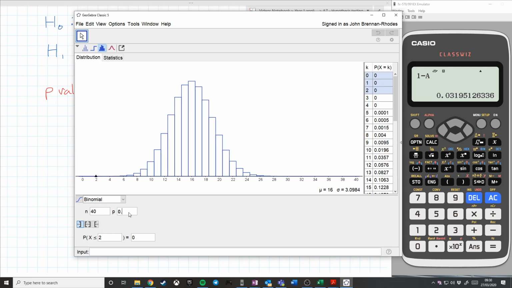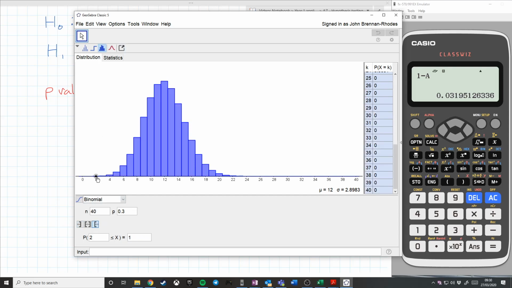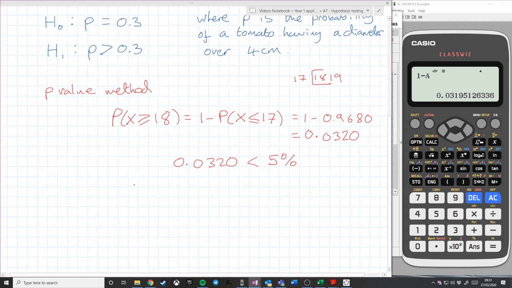We've got p is 0.3. We are doing a greater than, and I can see that my answer of 18 is in the top 5% because this is less than 5%. So we are going to reject H0. We are in the alternate hypothesis situation.